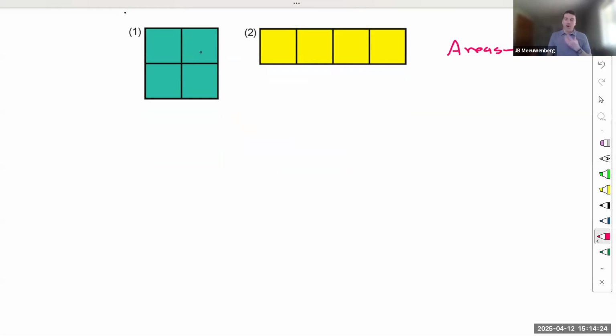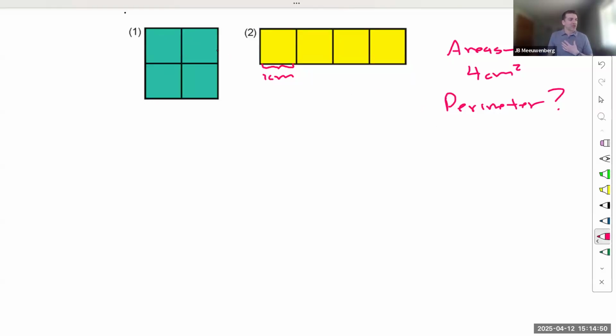Why? Because they are both made up of, we'll say these are square centimeters, each of these squares. They both have 4 centimeters squared. Your job is to find the perimeter of each figure, assuming again that each of these lengths is 1 centimeter.